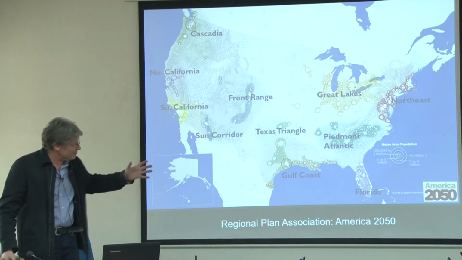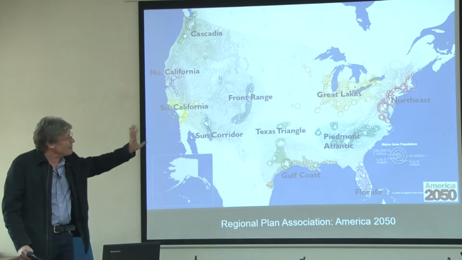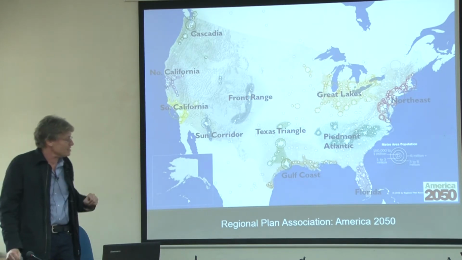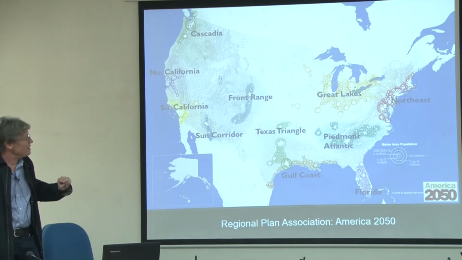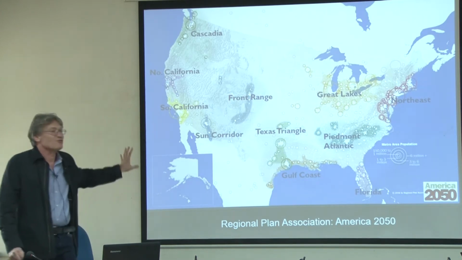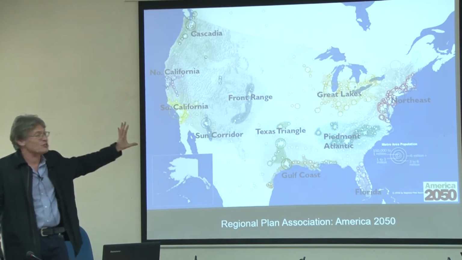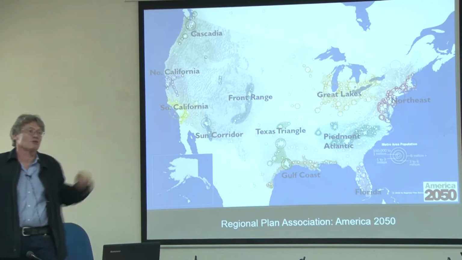I don't go into the details here, but this is a map published by the Regional Plan Association for the United States, and you see that they identify a whole range of really huge regions that they call the new mega regions we should look at.